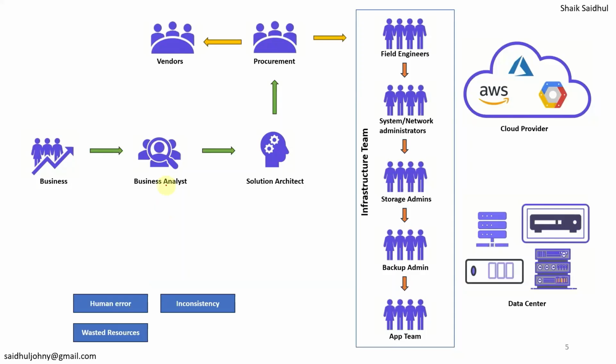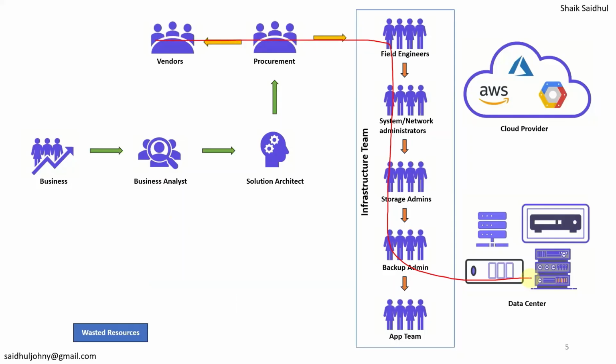And now you do not have this many teams, right? So the teams are fewer, the chances of human error are also less, which will not lead to inconsistency in the environment. Now when you look at the wasted resources in the cloud platform, there is a concept of scaling up and down as per the demand. When you need the resources, they will be scaled up.